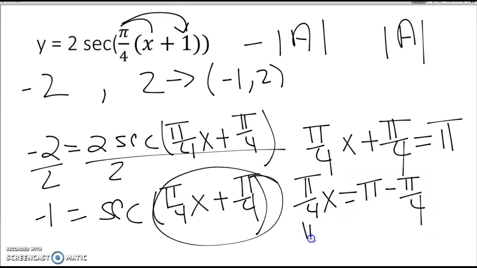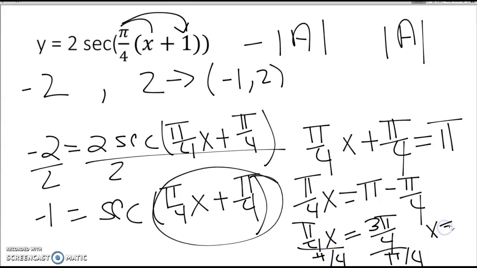That's going to give me pi over 4x is equal to 3 pi over 4, and then I'm going to divide both sides by pi over 4, and I get x equals 3. So my other point is going to be 3, -2. So now we can graph. So let's get to graphing.